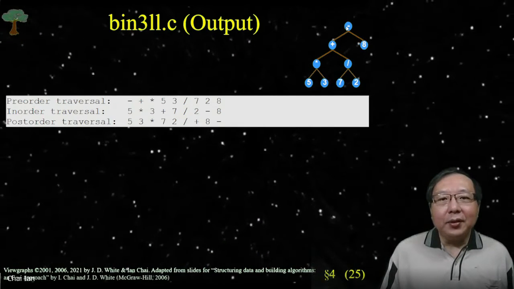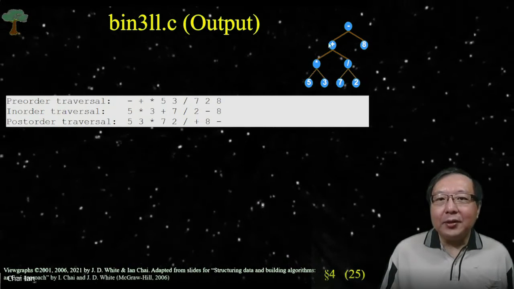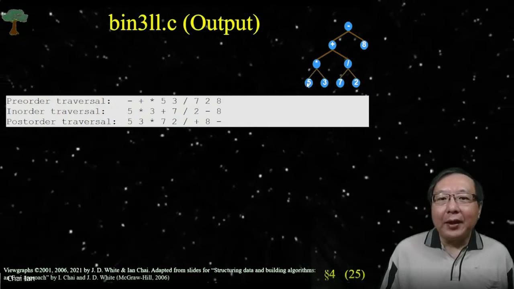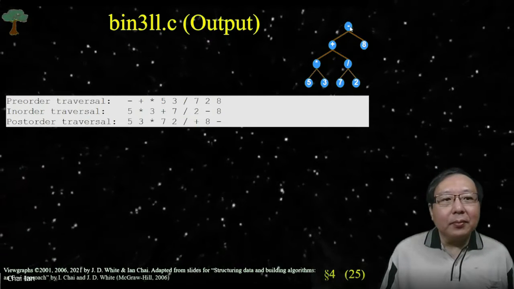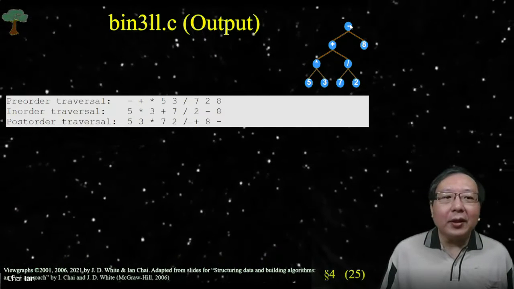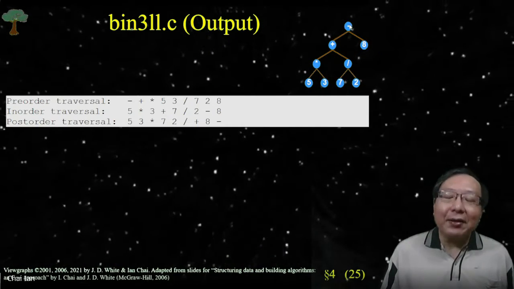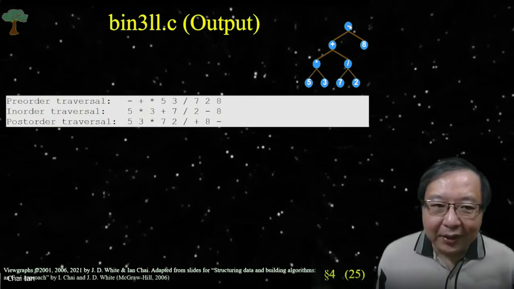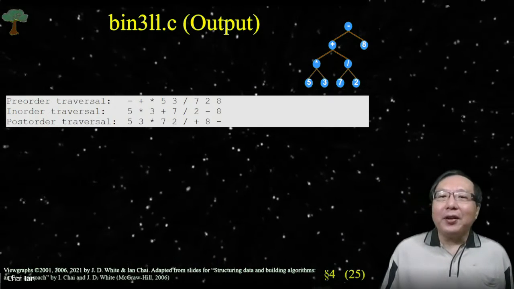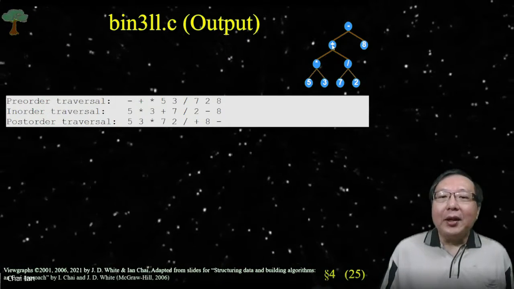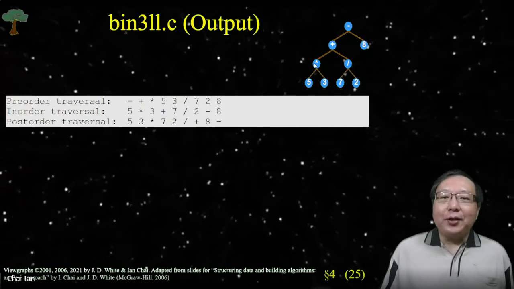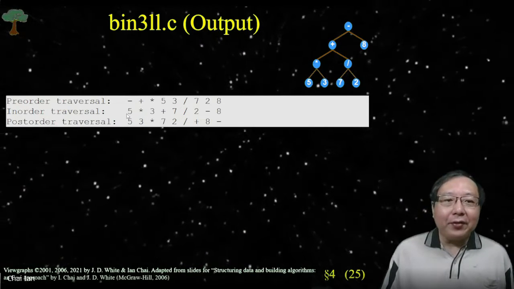In order, sorry, I said the wrong thing. I was doing the pre-order. In order is the left side first, then the middle, then the right side. So I do the left side first, I come here, I do the left side first, I come here, I do the left side first, I get the 5.